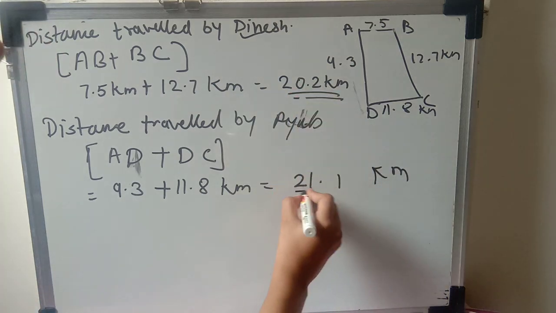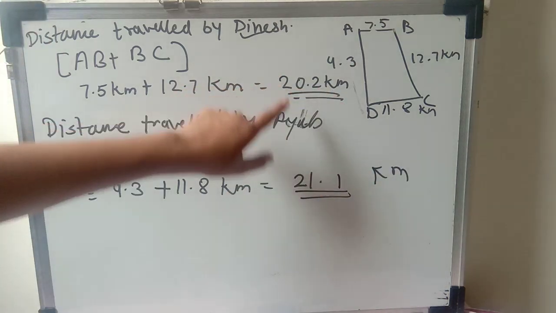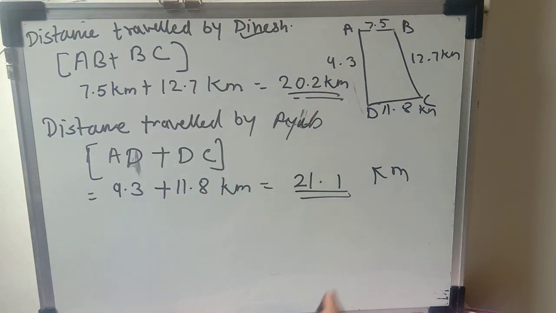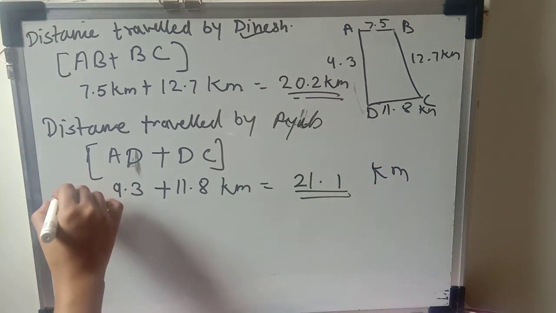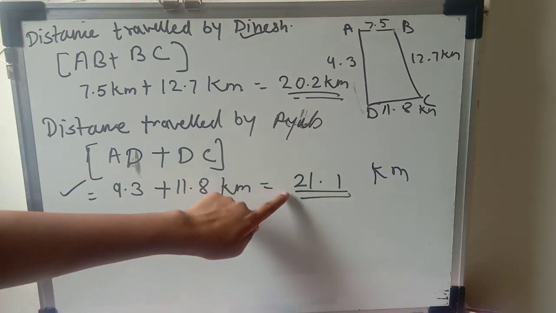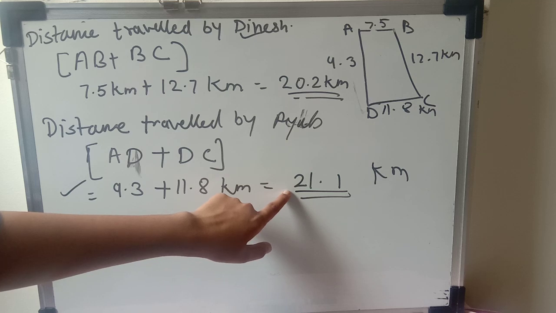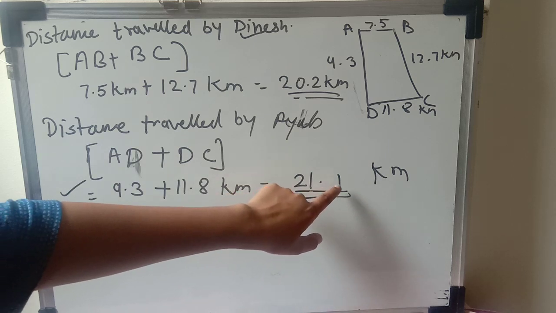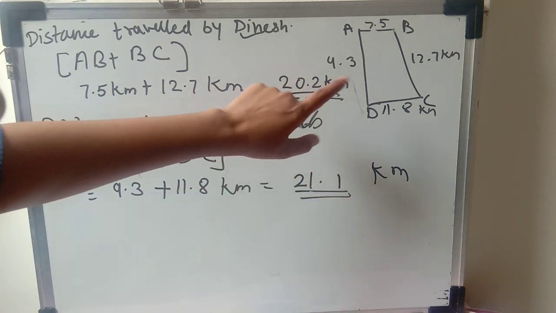Now from both the answers you can clearly see that Ayub covered more distance, because his total travel distance is 21.1, which is greater than 20.2 kilometers.